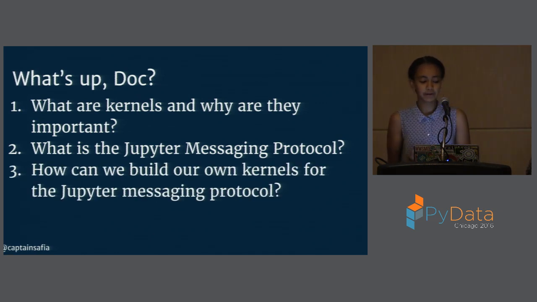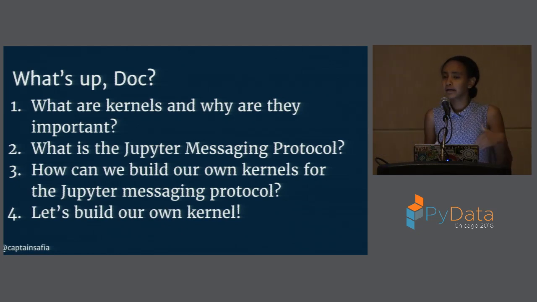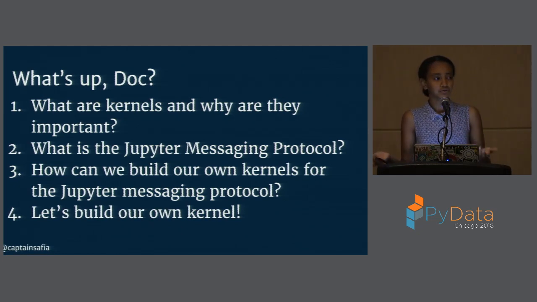And so once we've talked about that, we're going to talk about how we can build our own kernels by leveraging the Jupyter messaging protocol. And then at the end, I've prepared a quick exercise notebook that goes through how you build your own kernel so that you can go through the process yourself, practice a bit, and then take what you learned and do something awesome with it, because that's the goal of this.